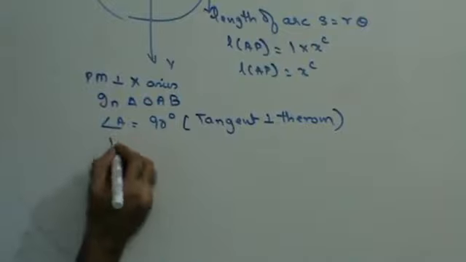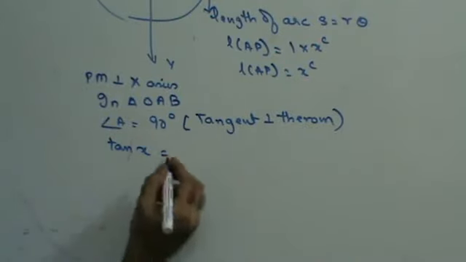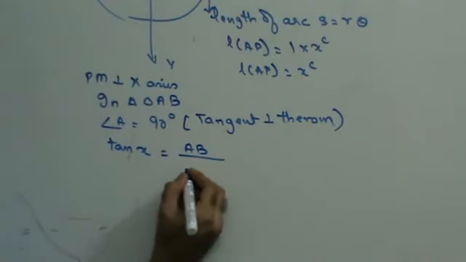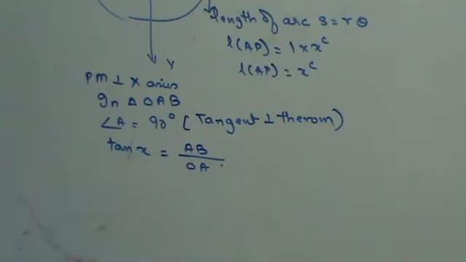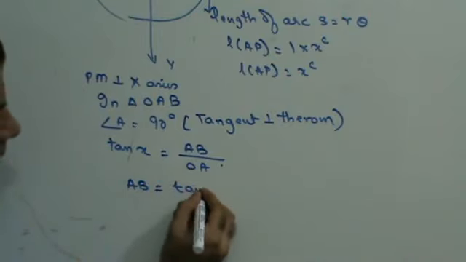Now, in this triangle, what will be tan x? Tan x is nothing but opposite, that's AB, upon adjacent, that is OA. Length OA is the radius of the circle, which is 1. Therefore, I can say that AB is tan x.